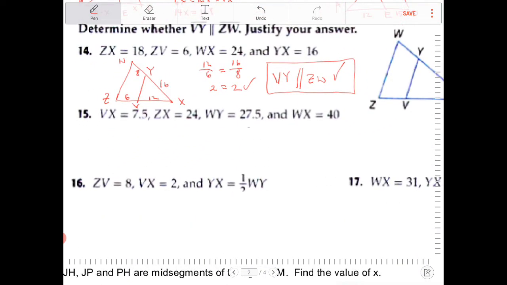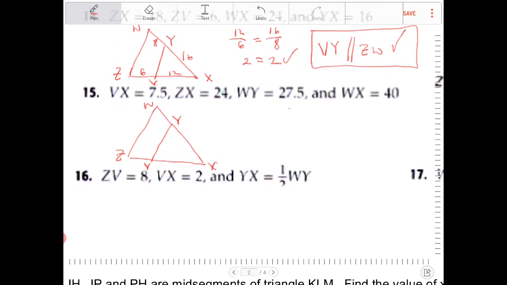Okay, we're going to try that again. It never hurts to revisit the problem again, especially when the numbers are so close together, right? Y, V, and X. So Vx is equal to 7.5. Zx is equal to 24.